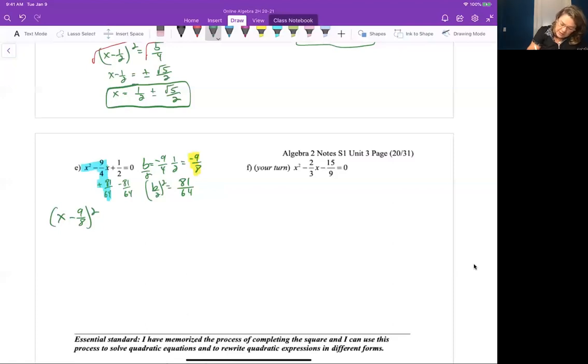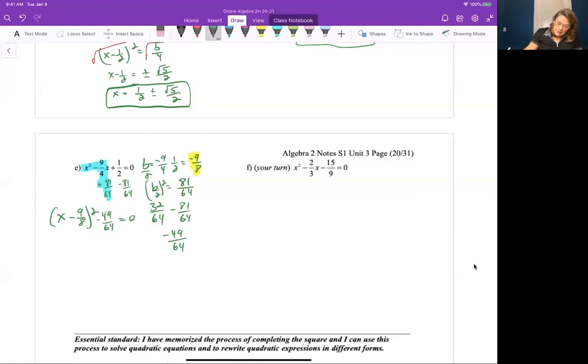So I'll do this off to the side. 1/2 becomes, if I want a common denominator, 32 minus 81 over 64, and I will get minus 49 over 64. So minus 49 over 64 equals 0.